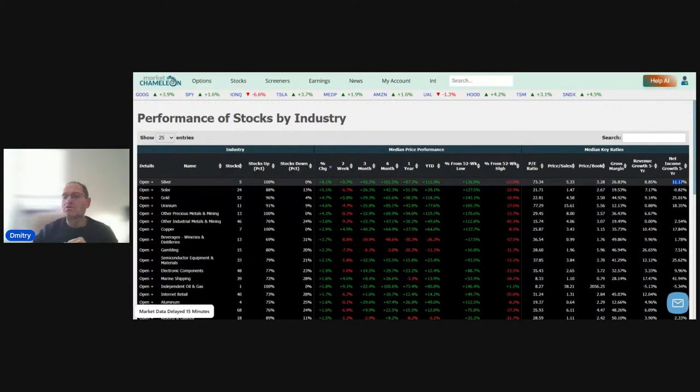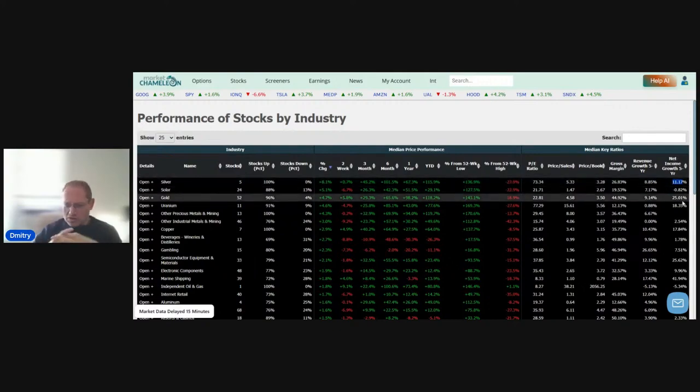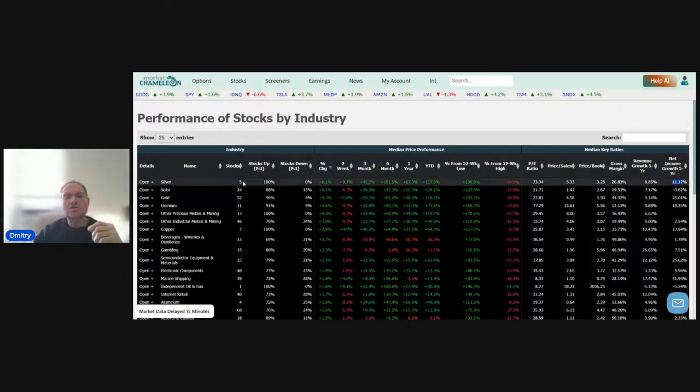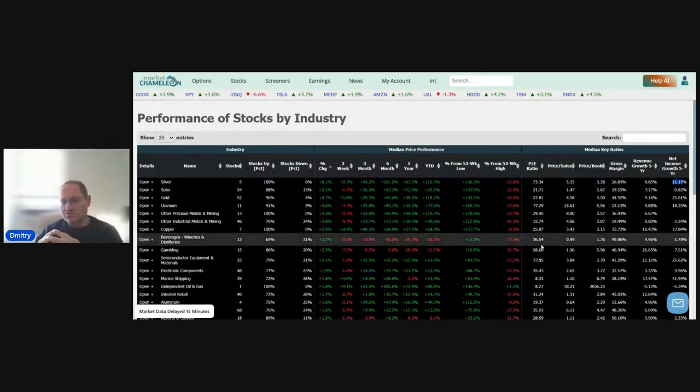So this allows us to get a sense of the industry fundamentals, at least for those stocks that we grouped. And you could compare them relative to each other, right?